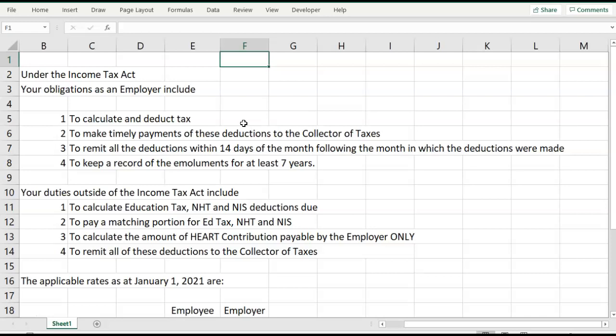To continue further, you also have duties to calculate education tax, NHT, and NIS.